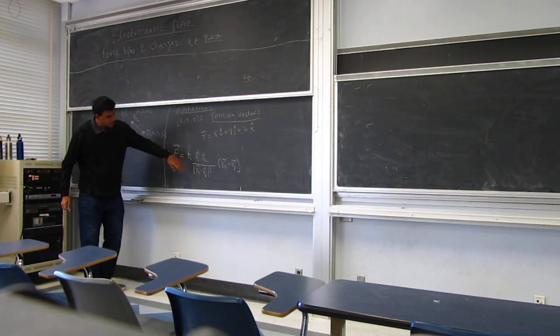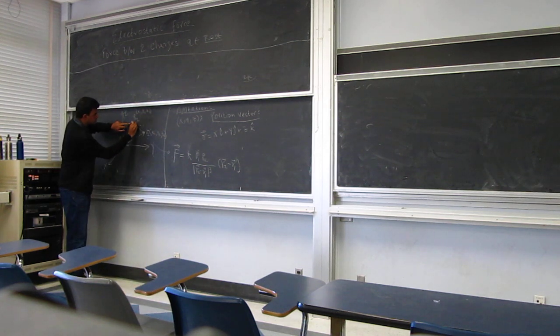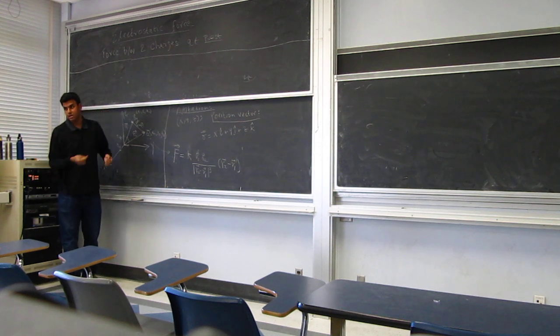You can see this is a line of force. If you have two charges here, and this is the direction of the vector r2 minus r1, the force acts along this direction. For example, this charge would get pushed this way, and this charge would get pushed this way, if they had the same sign.